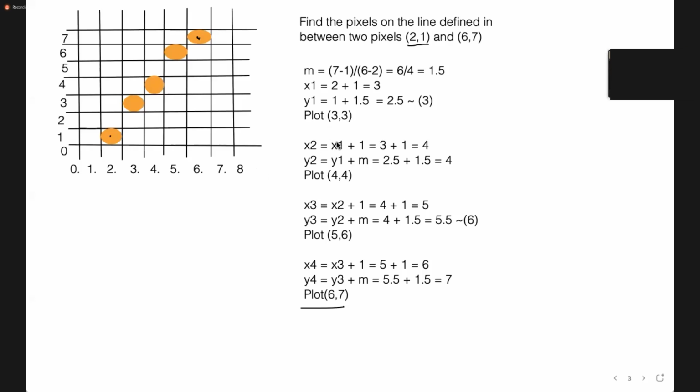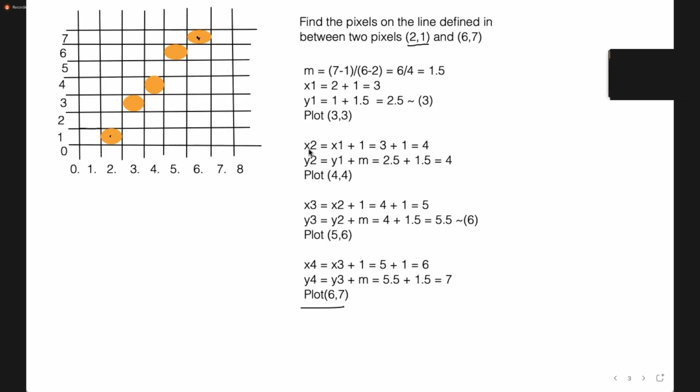Why not? Gihan, you can switch on your microphone and answer. Why is it not continuous?